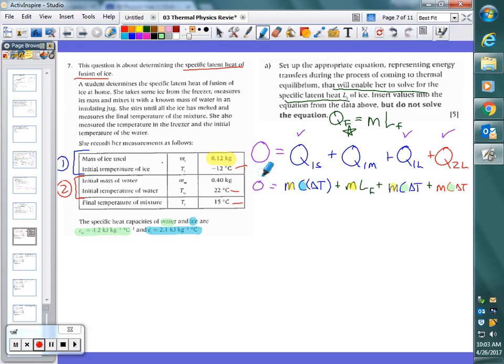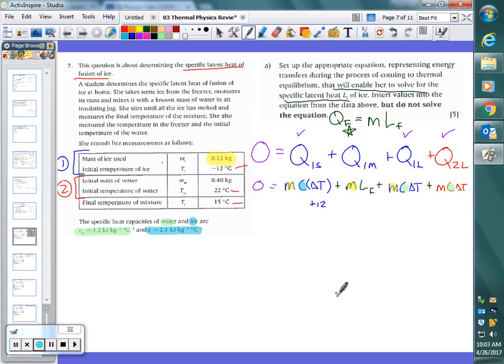There are 3 delta T's in this equation. This delta T is positive 12. Do you understand where that came from? You okay with that?